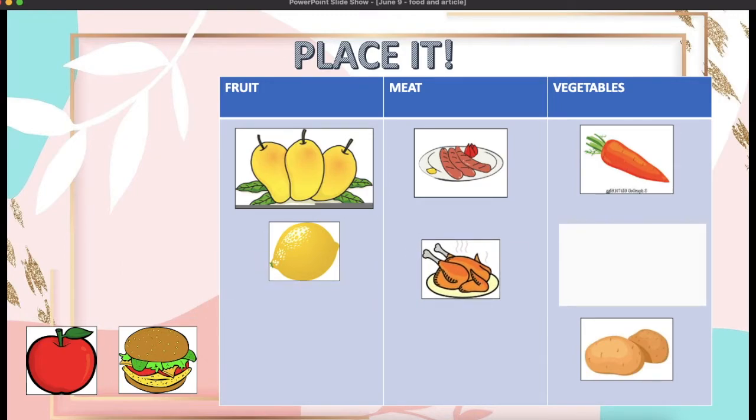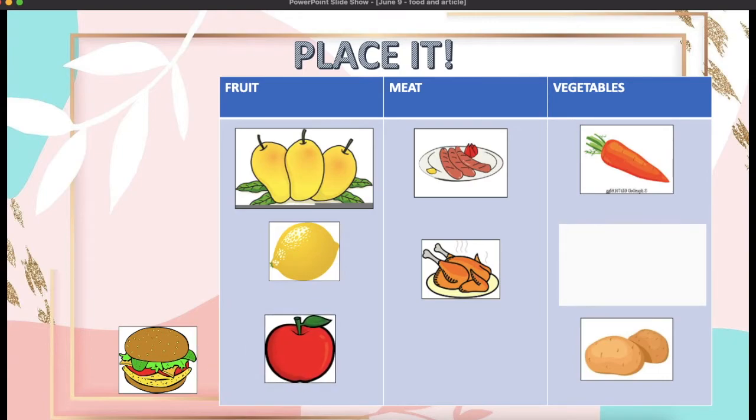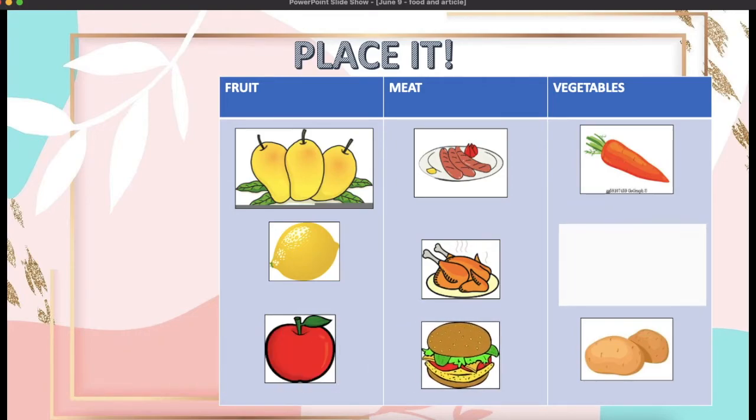And apple, just like my example earlier, of course, apple goes to fruit. And last one is burger. Of course, what's inside a burger is meat. All right. Very good. I hope you can follow Miss Faye here because later on you are going to do this on your own.